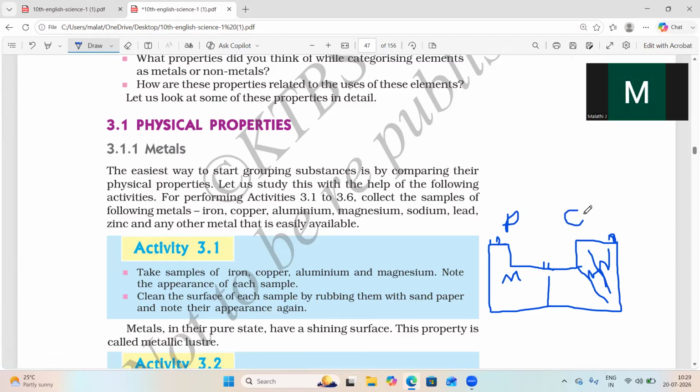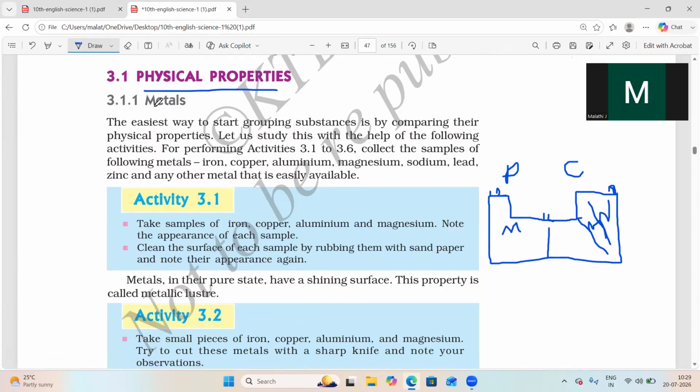Based on these, the periodic table elements are classified into metals and non-metals. So in this chapter we will first study the physical properties of metals. If you see a metal, by seeing itself you can know some properties of a metal.